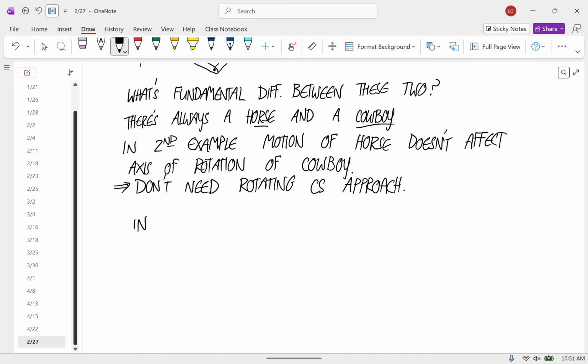In the first example, the motion of the horse changes the axis of rotation of the cowboy.